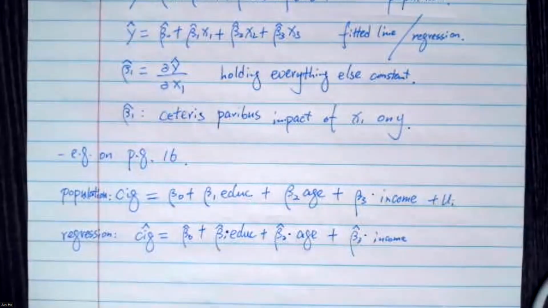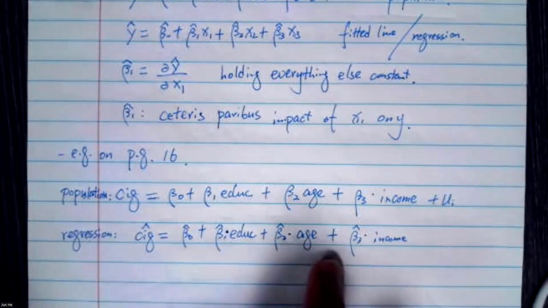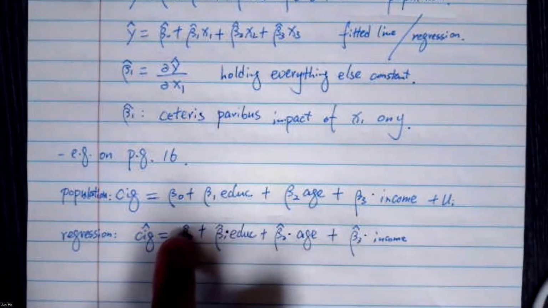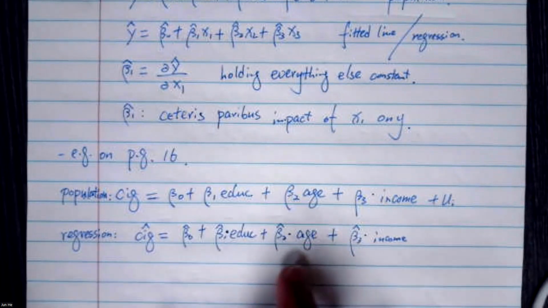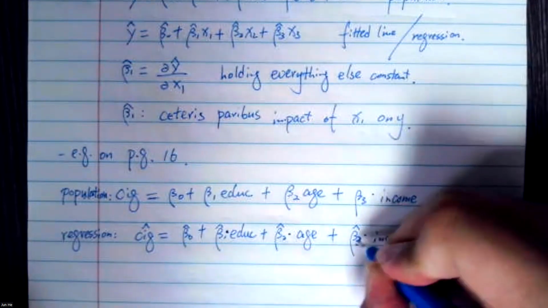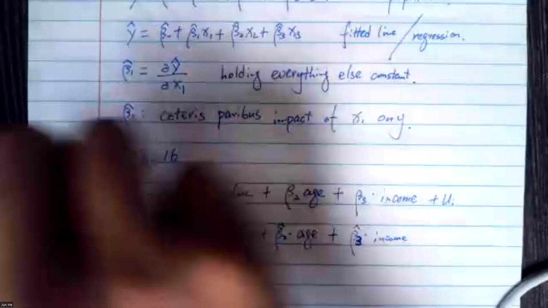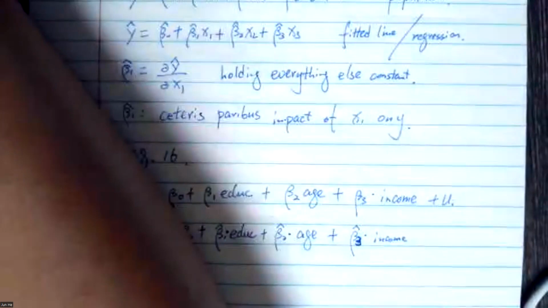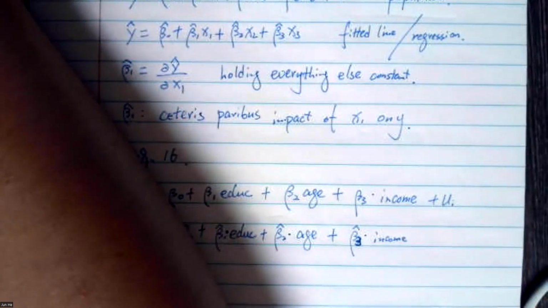And here we just need to work it out through Excel, then we can replace beta 0 hat, beta 1 hat, beta 2 hat, and beta 3 hat according to the numbers reported by the Excel regression. Okay, so what we're going to do is turn to Excel.